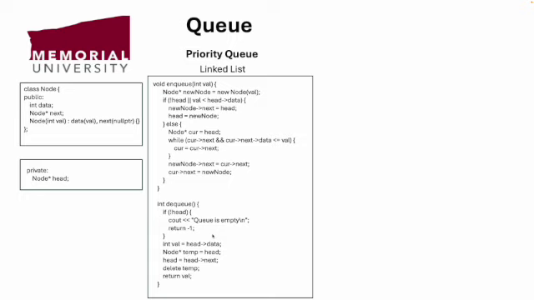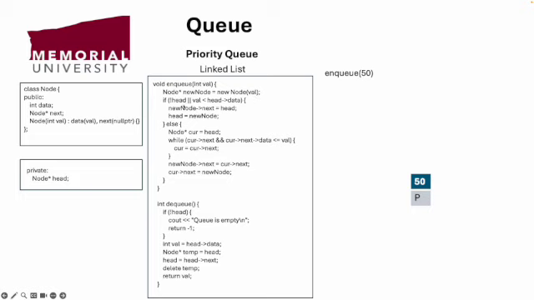Now let's look at the solution for the linked list. For example, to enqueue 50: there's no node in this queue yet. So we declare the new node, and 50 also has the next pointer. There's no head initialized, so the head will be none.